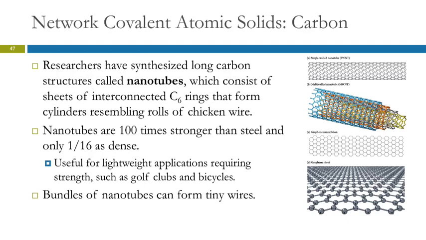So when you see something like a golf club that has a graphite shaft, it's not made out of pencil leads. It is carbon, but it's more likely these nanotubes of carbon. Very strong.